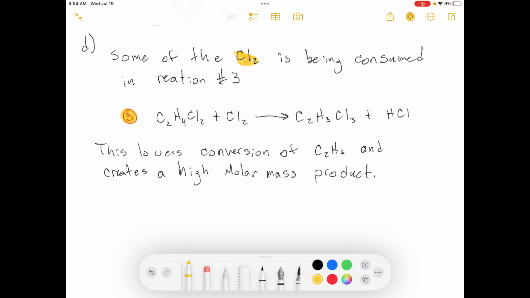And then this generates a heavy product, and it lowers the conversion of the ethane, because instead of having the chloride gas react with the ethane, some of the chloride gas is reacting with some of this product. Okay. All right. That is it for problem number 4.50.